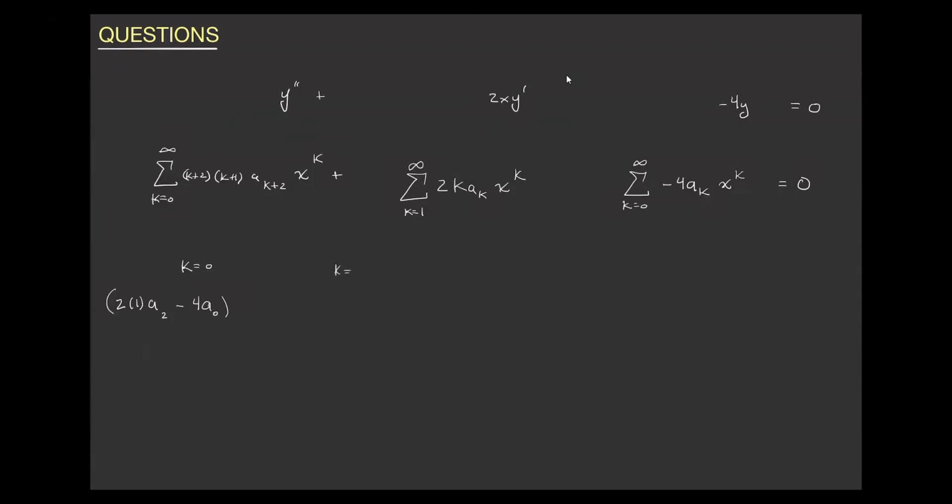Then we get the k is equal to 1 term. In that case, all of the series will contribute because they all have a k is equal to 1 part. And if we check that out, we get 3 times 2 a sub 3 plus 2 a sub 1 minus 4 a sub 1. And all that gets multiplied by x to the first.